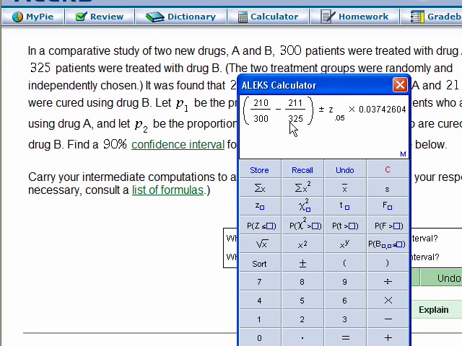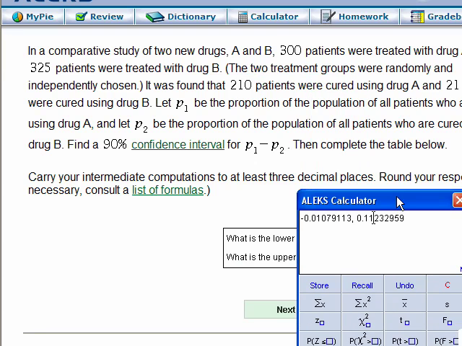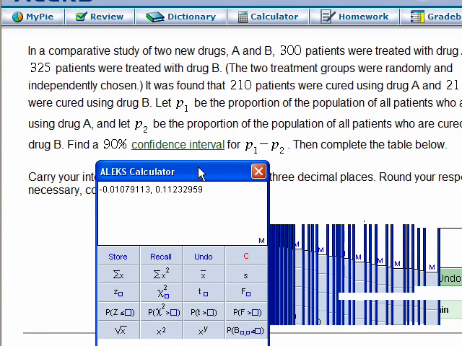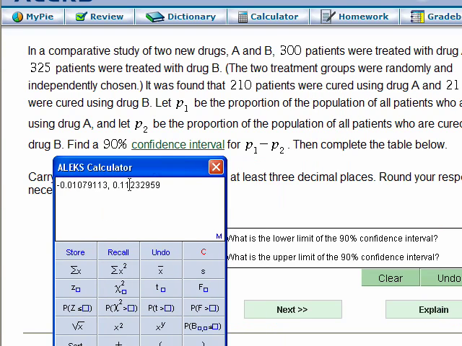So we have the estimate plus or minus the critical value. In this particular case, it's going to be the z-score because it satisfied those products, making sure that the number of successes, being cured, and the number of not being cured has to be greater than 5. And so when we hit the equal sign, we have those two values. And they want us to round to 3 decimal places, so let's go ahead and enter those values.